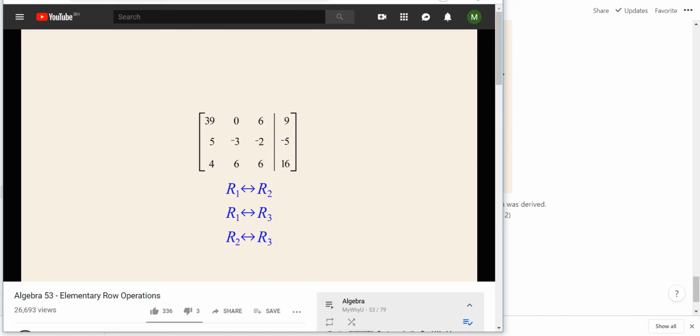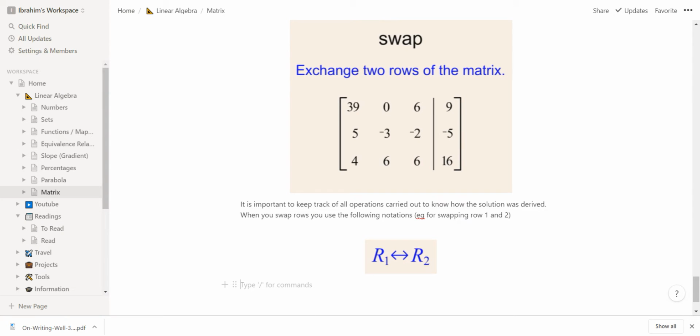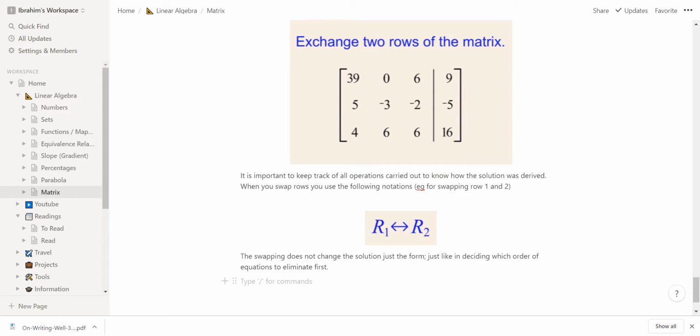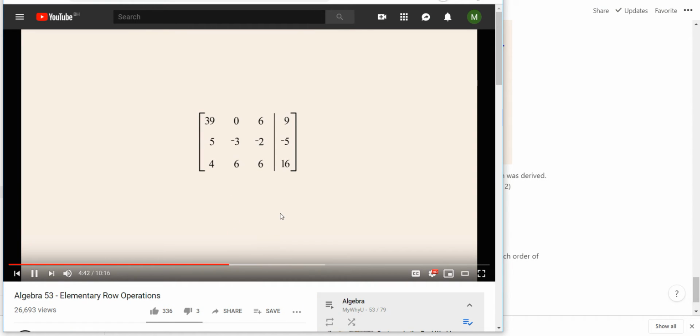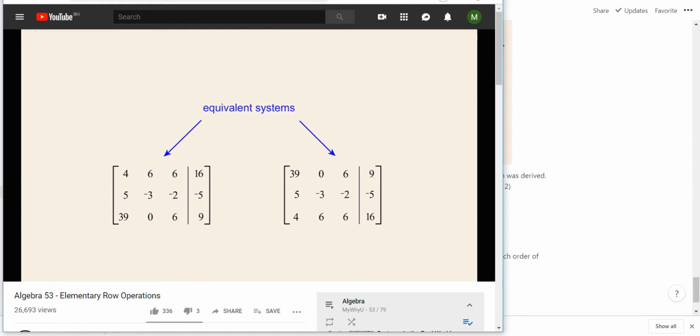Since none of these operations change the solutions of the system, we will have produced an equivalent system of equations.